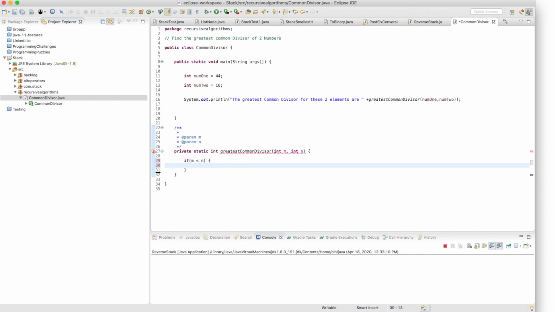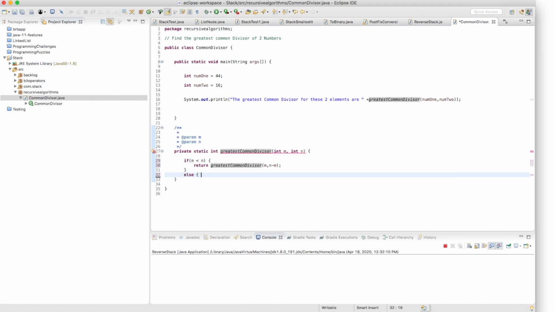I have to subtract n minus m, and then I will pass my m, and then call this same method using recursion. I will just return this and it will keep doing this in the recursive call.